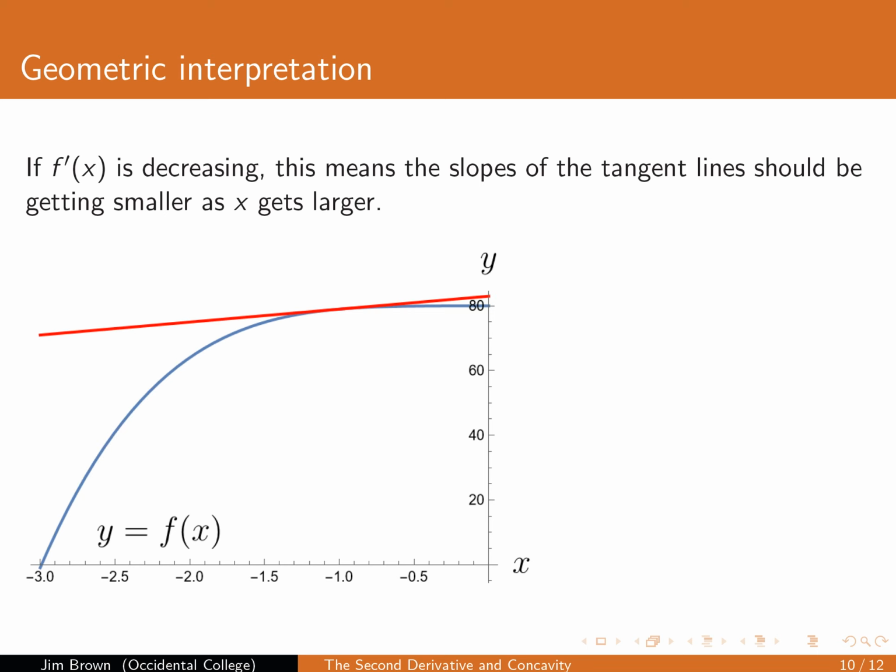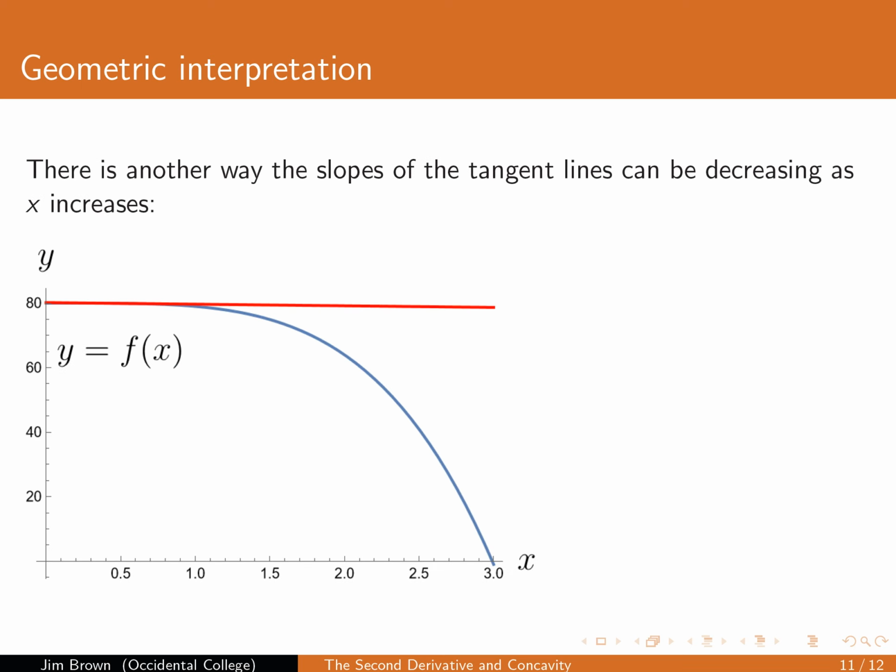And as we move to the right, so as x gets bigger, they go from a very positive, very steep slope, and they get closer and closer to a horizontal line where the slope would be 0. So even though this is an increasing function, so the slopes are positive, they're getting smaller as they get closer to 0.